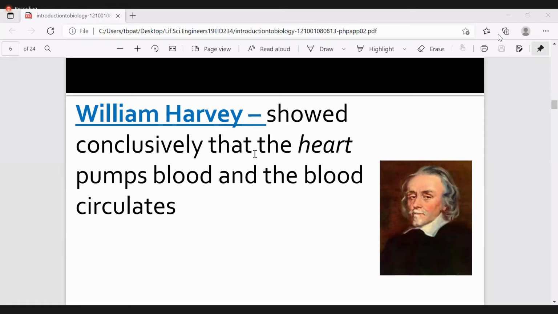He invented blood pumping, the circulatory system, circulation: arteries, veins, pulmonary arteries, pulmonary veins. This particular one contains the red blood cells.